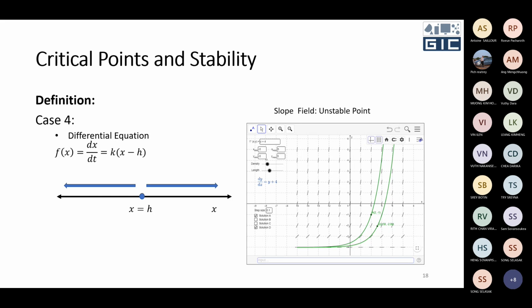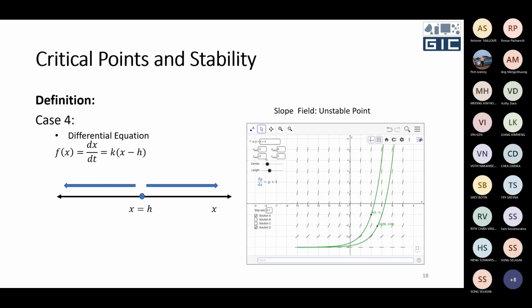And to identify whether our system is stable or not, we can use the critical point. For our critical point, we have three conditions. In our definition we have four cases, but in our figure we have three conditions.